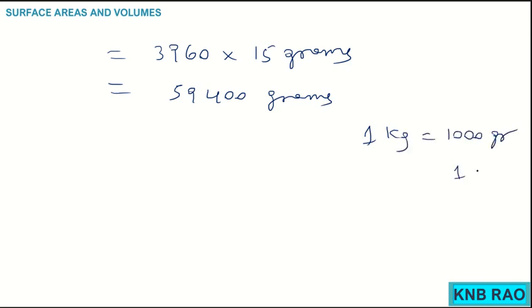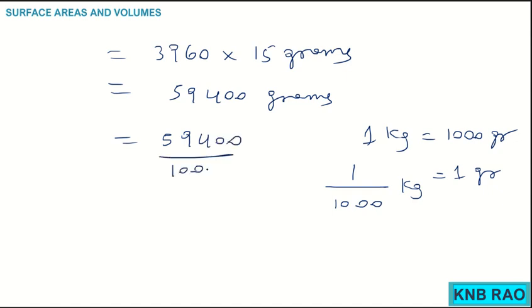That means 1 gram is 1 upon 1000 kg. So, when I divide this by 1000, it becomes kgs. So, these two zeros cancel, and this upon 10 makes the decimal point shift. So, it is 59.4 kg. This is the weight of the empty box. This is how we solve this question.